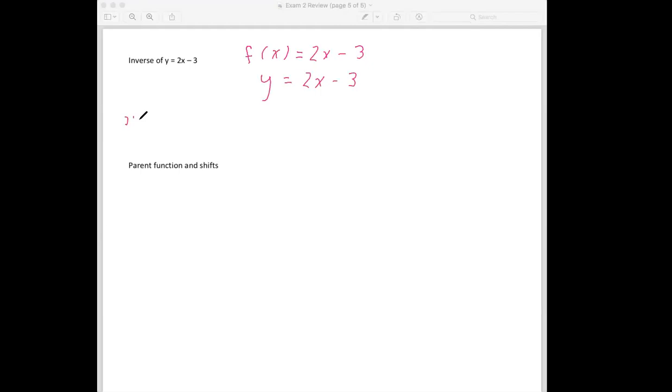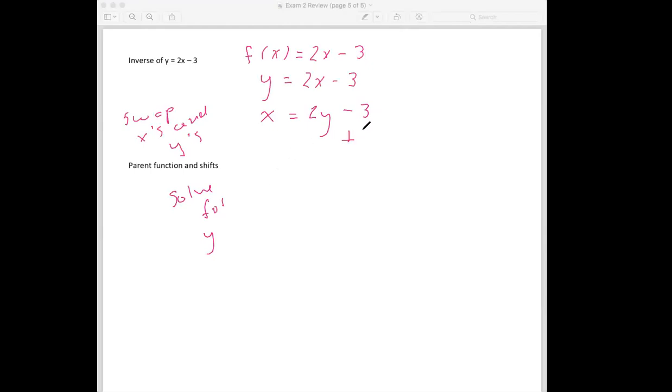Then we swap x's and y's. So x equals 2y minus 3. Next we solve for y.